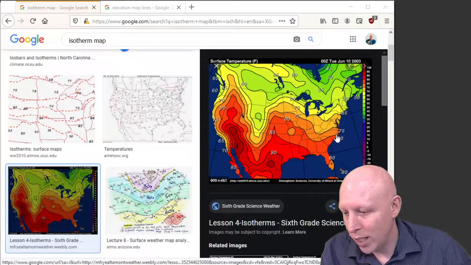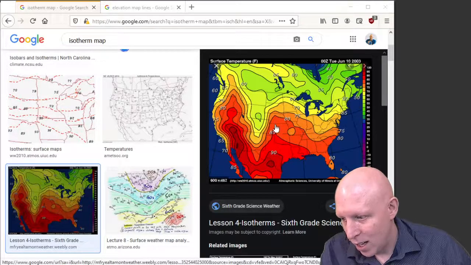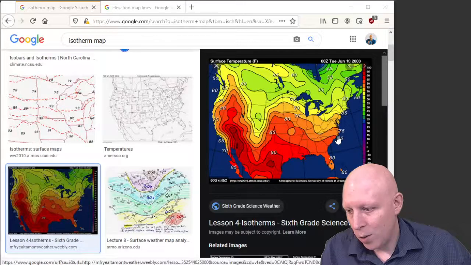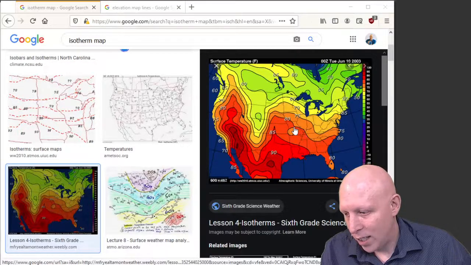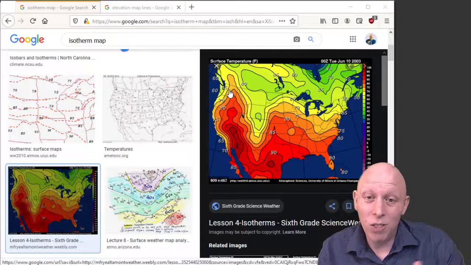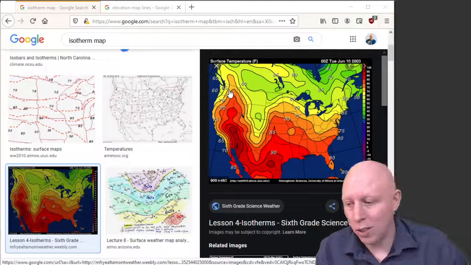So this line here that represents 80 degrees Fahrenheit is the dividing line between being more than 80 and less than 80. This curve is called an isothermal, and it's a level curve of the temperature function.